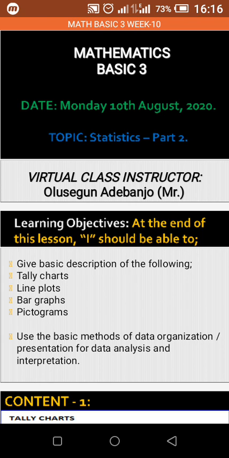The second learning objective is that you should be able to use the basic methods of data organization and presentation for data analysis and interpretation.